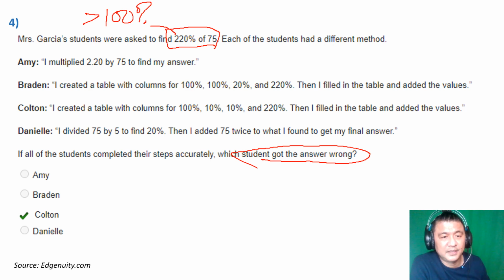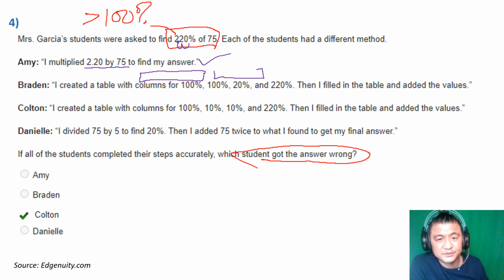I multiplied 220 by 75. Did you move the decimal to the left? To the left, yeah, the point will be there. It makes sense. Then just multiply it. Correct. Now, Braden created a table with a column for 100%. The whole thing is 75.